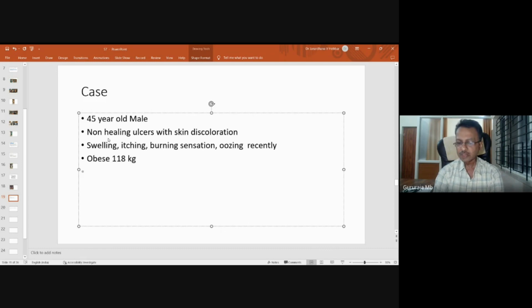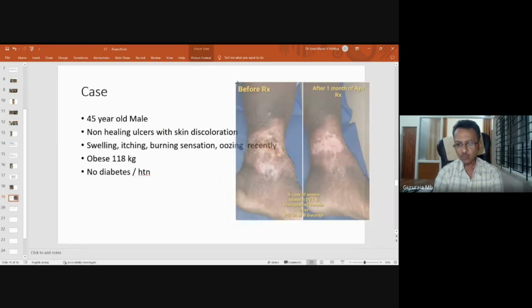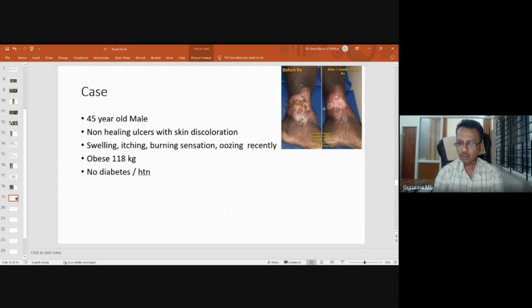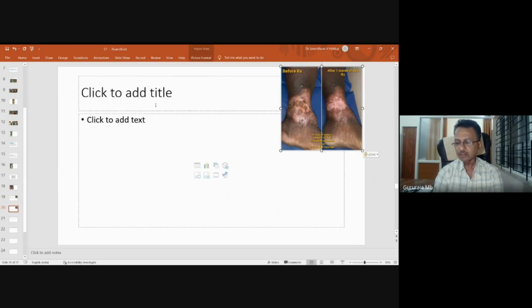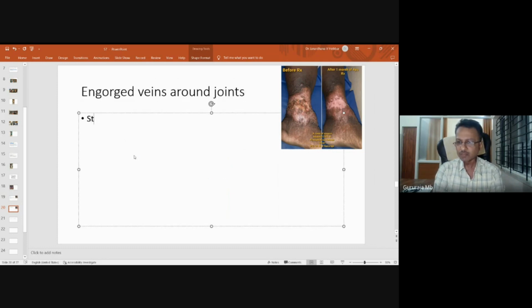When I observed both his legs, they were typically blackish in color, swollen with a lot of engorged veins. The swelling is not actually in the joint, but around the joint, due to stagnation or difficulty in blood circulation, an obstruction in the path.